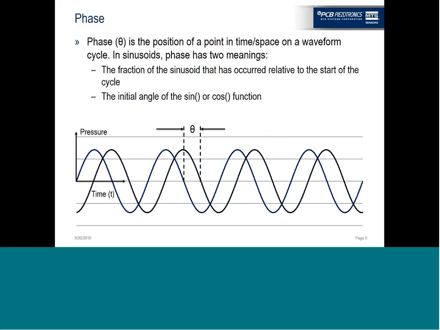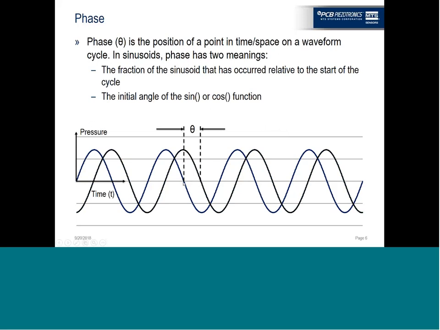The phase: there are a couple of different definitions of phase that we're going to use. The first is the fraction of the sinusoid that has occurred relative to the start of the cycle, and also the initial angle of the sine or cosine function. The other definition of phase, which I'm not going to cover as much here, is the difference in phase between 2 sinusoids.